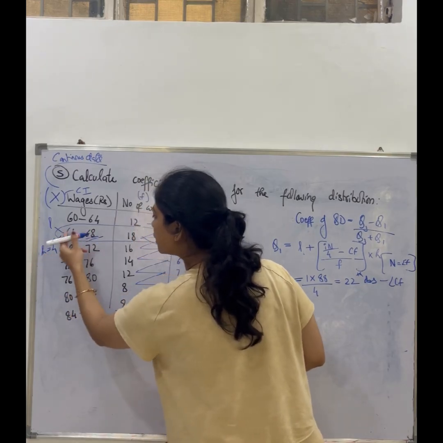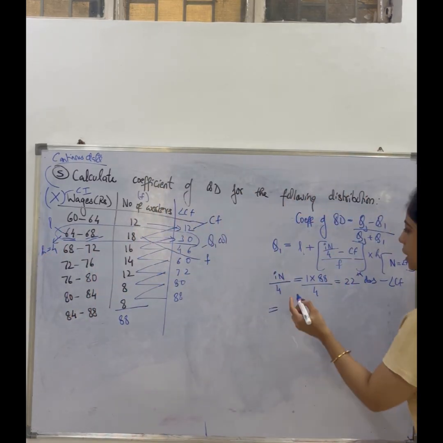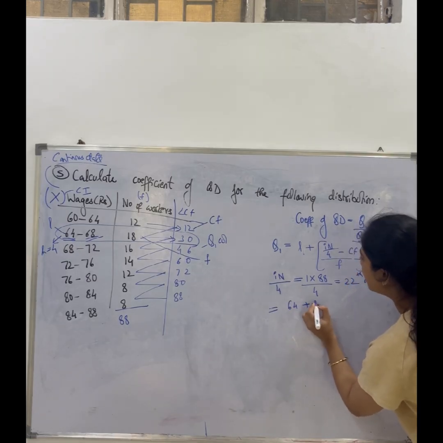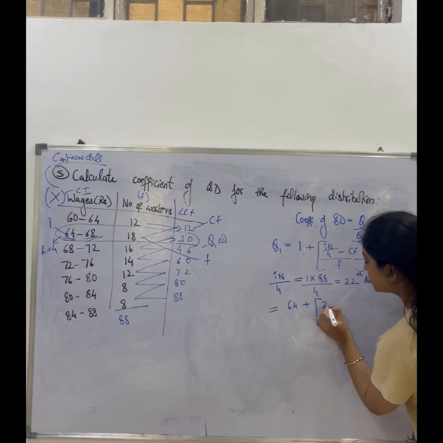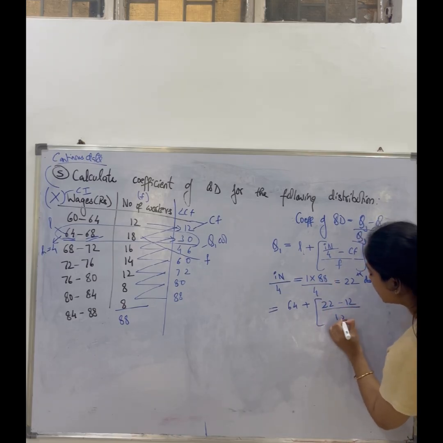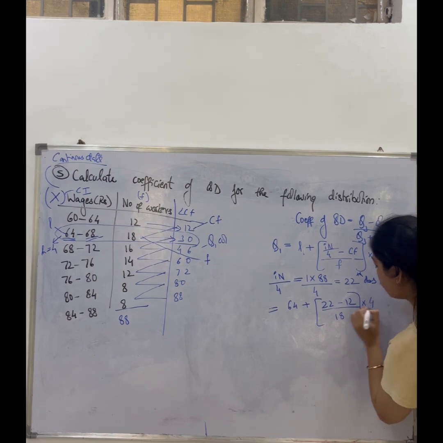The difference between your class intervals. So let's substitute back. L is 64 plus i N by 4 is 22 minus CF is 12. Your frequency is 18 and the difference is 4.